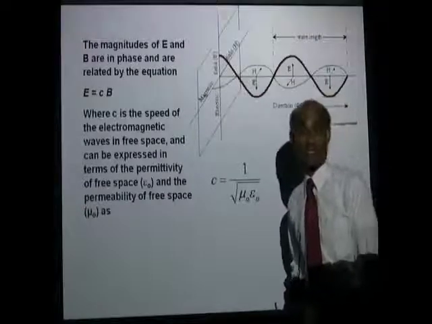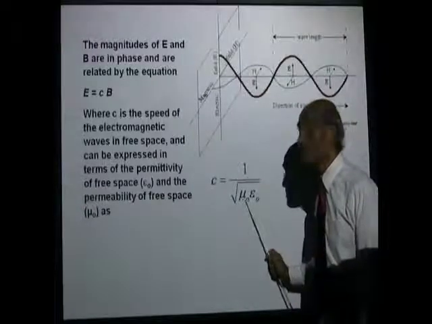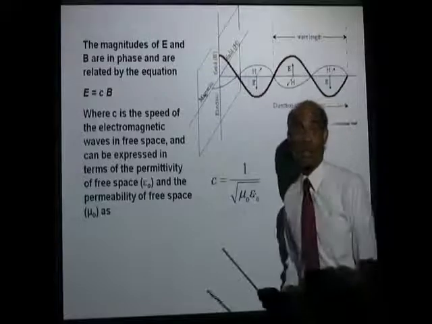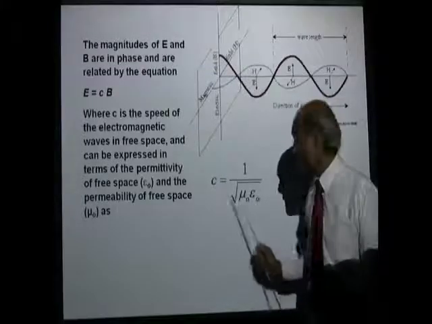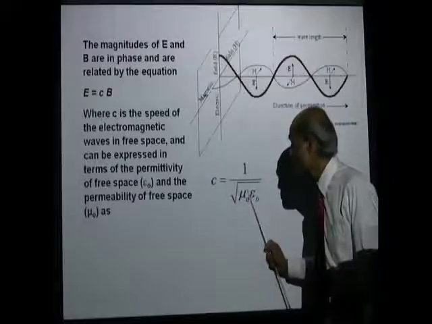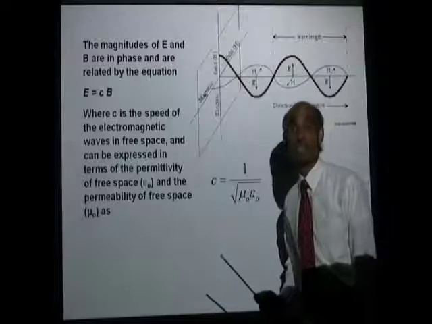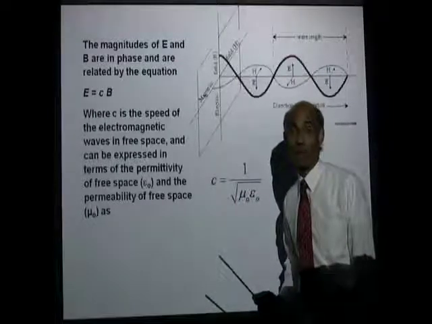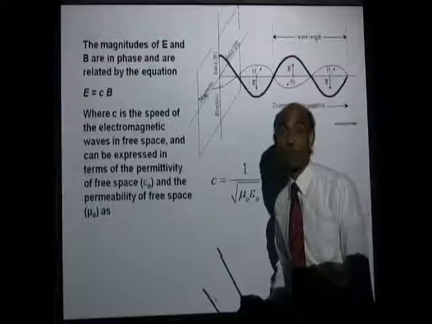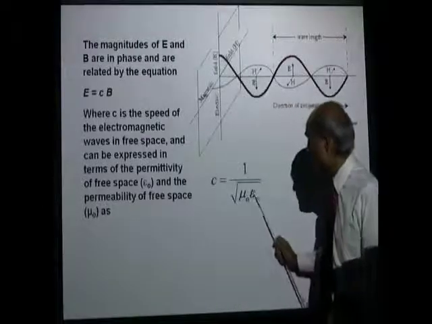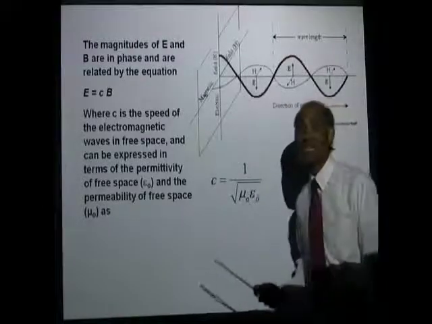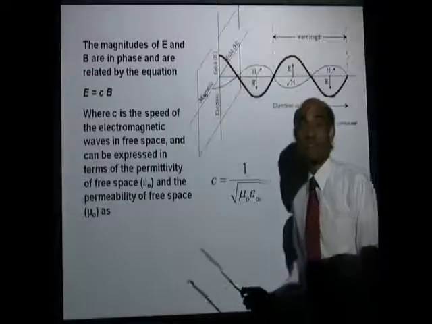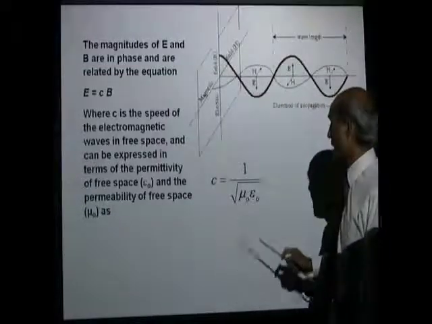Now, isn't that interesting? If you know the values of mu zero and epsilon naught, which you know, how many of you can tell me what is mu zero? Well, mu zero is 4 pi times 10 to the negative 7. Epsilon naught is 8.85 times 10 to the negative 12.